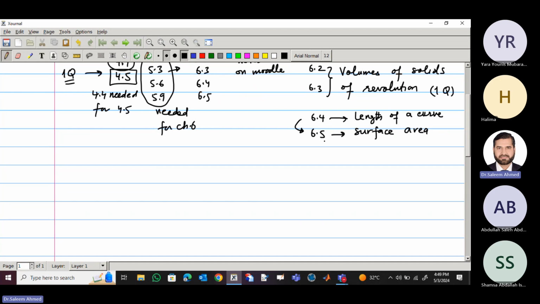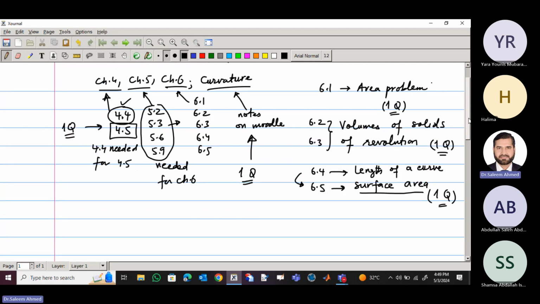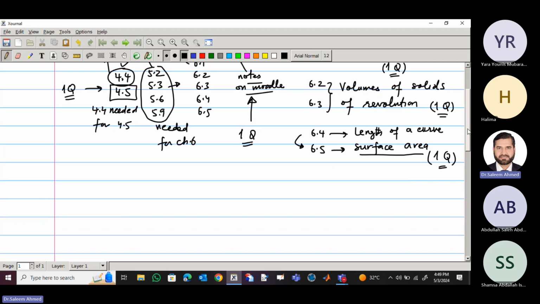So most probably I'll give you a surface area problem, right? One question from there. And then the last one, the curvature, has one question. Okay, so you got 5 questions total. 3 questions from chapter 6, one question from chapter 4, and one from curvature. Curvature is a very simple formula. Most of the formulas will be given.